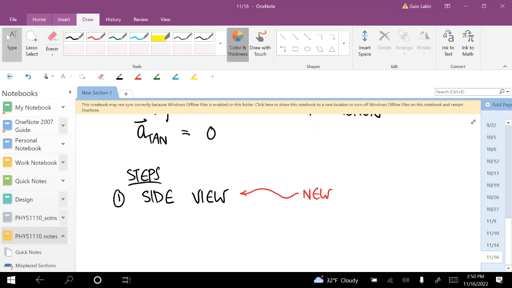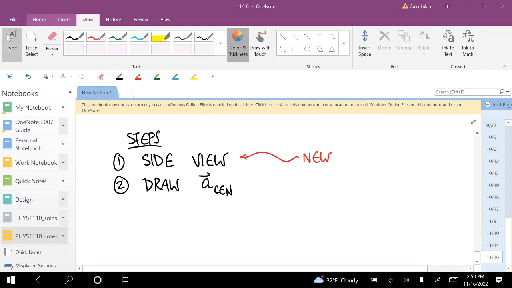So in this side view now, you're going to draw the centripetal acceleration going from the object toward the center of the circle. You know that the magnitude of that centripetal acceleration is equal to v squared over r.